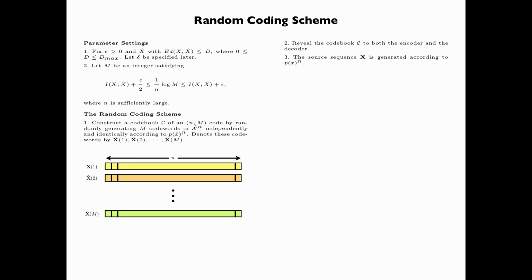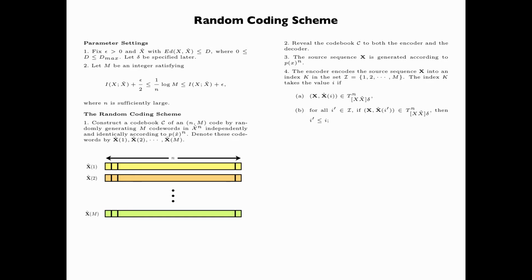The source sequence X is then generated according to p_X^n. The encoder encodes the source sequence X into an index K in the set I containing the indices 1, 2, up to M. The index K takes the value i if (a) (X, X̂(i)), that is the i-th codeword, are jointly typical, and (b) for all i′, if (X, X̂(i′)) are jointly typical, then i′ is less than or equal to i.